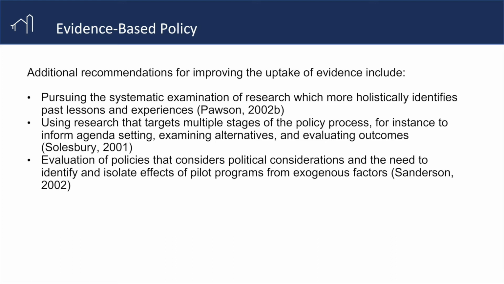Another is using research that targets multiple stages of the policy process, for instance, to inform agenda setting, examining alternatives, and evaluating outcomes. So looking at stages of how policy is formed, created, proposed, adopted, implemented, integrated and communicated, and looking at research that can contribute to different parts of that process.